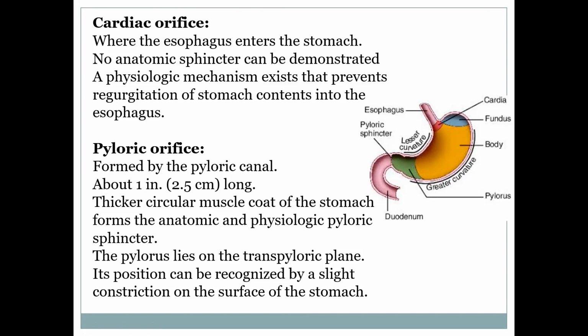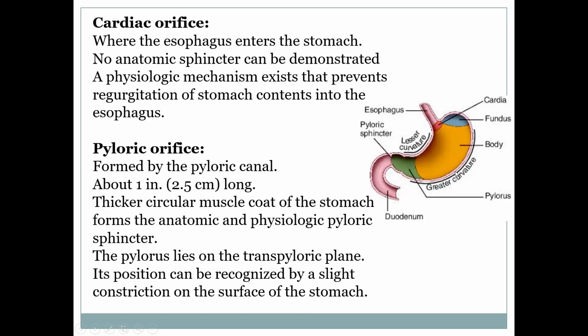In the pylorus, this pyloric orifice is formed by the pyloric canal. It is about 1 inch long and has a thick muscular coat which forms an anatomic and a physiologic pyloric sphincter.